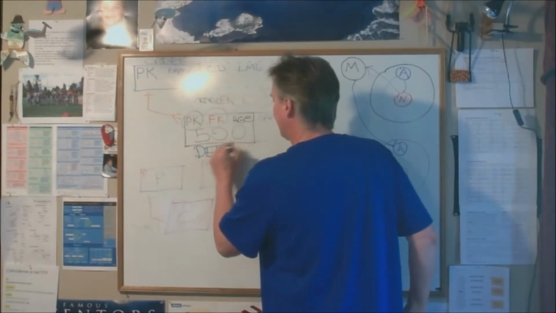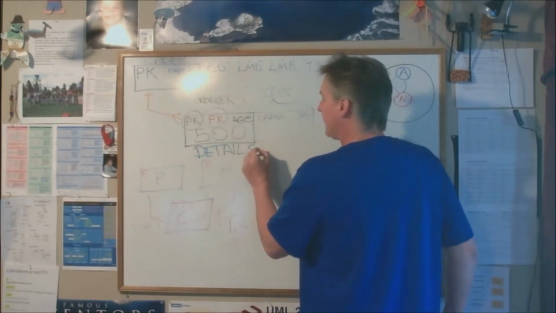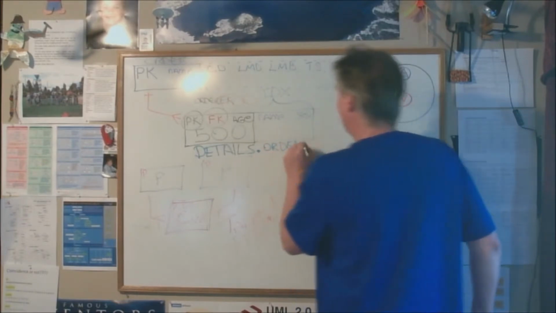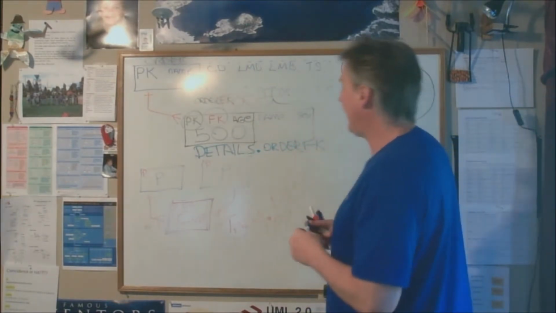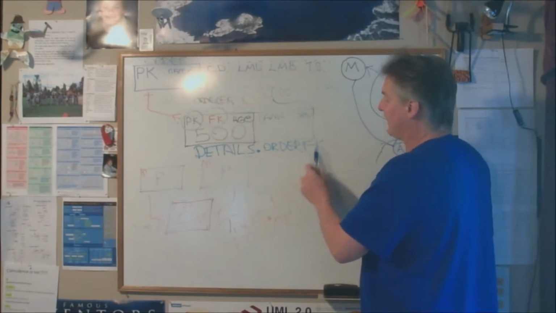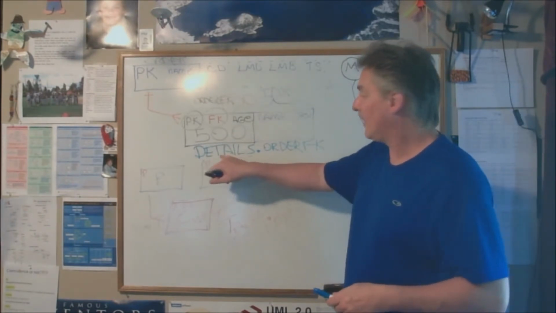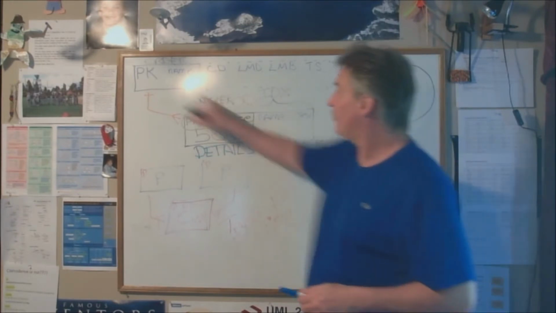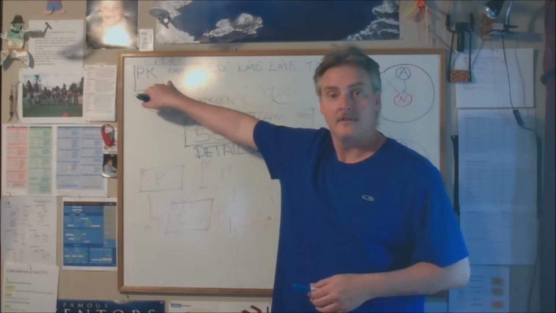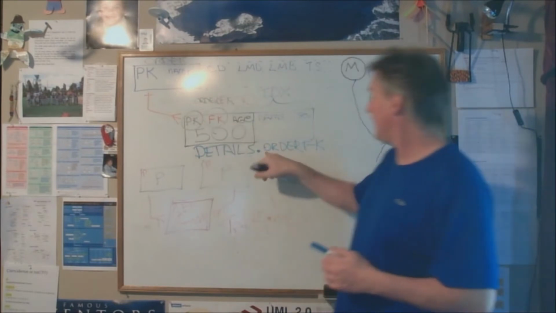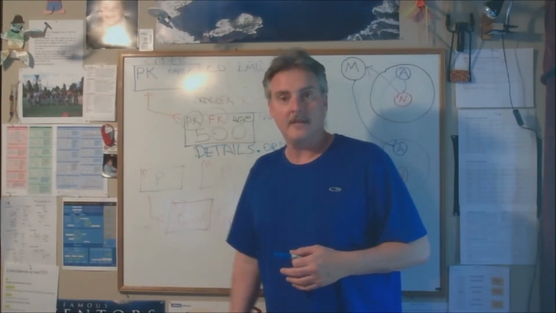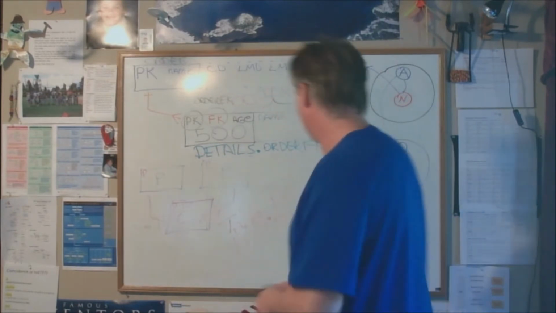So there's details, dot order FK. Now I can alias that on the client. I can change that and take that out. But when I'm coding and doing whatnot, details.orderFK, I know it points back to that. I've got the table name and I've got the foreign key. I know what it is.